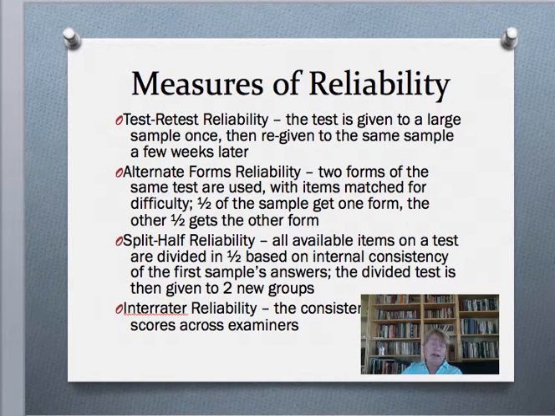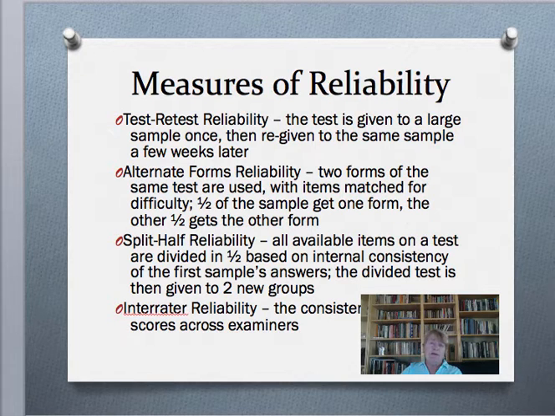And you may have taken tests in the past that ask you the same question, but ask it in several different places and a little bit differently each time. That's an example of trying to get at the reliability of your answers. And obviously that needs to be a longer test. One question alone wouldn't really get at that same information.